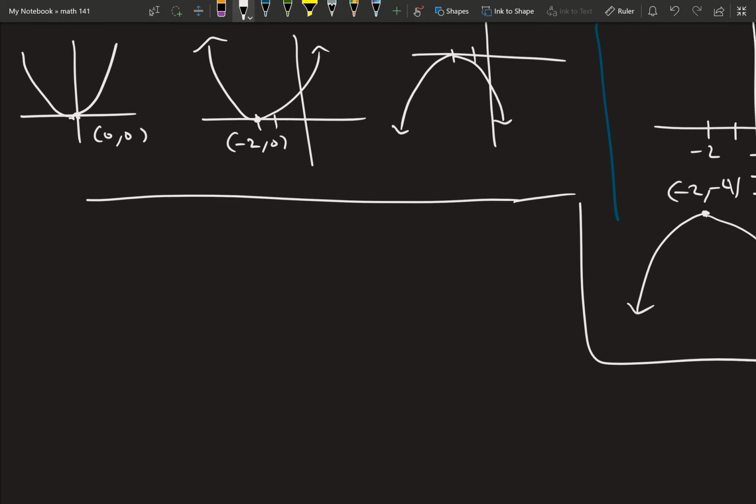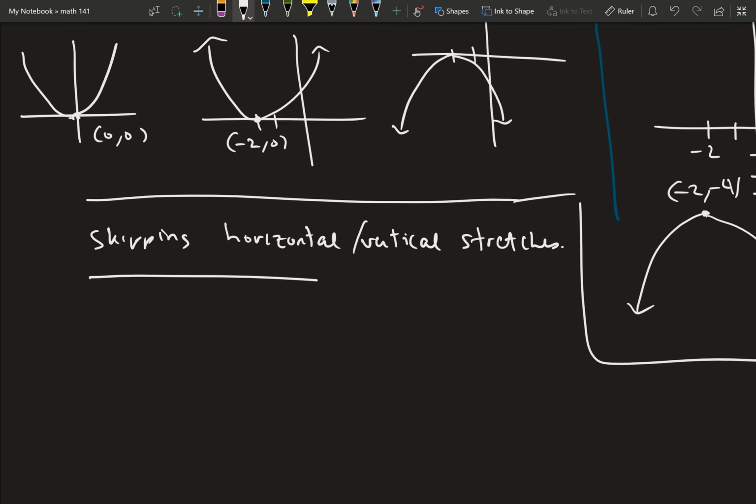Again, we're skipping horizontal and vertical stretches. In the context of polynomials again, when you go to 142, you'll see things called the sine and the cosine function. These things come in much more handy in that context.